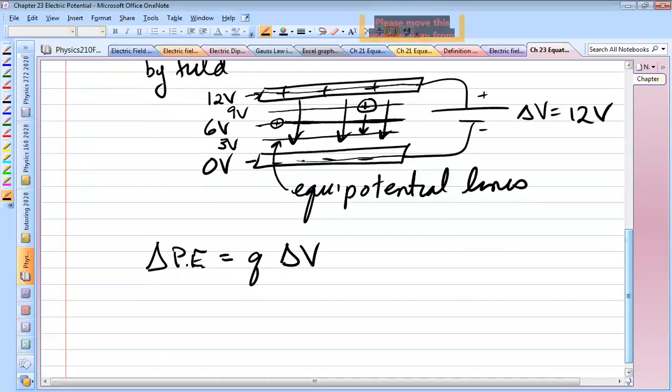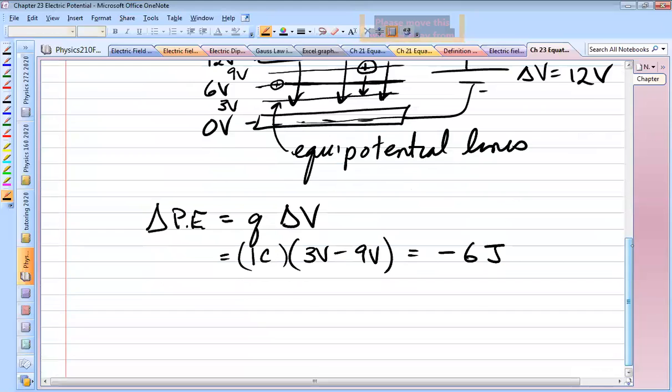And so notice how if you move down, the potential energy goes down and the voltage also goes down. So these are in the same direction. And so say we move the 1 coulomb charge from the 9 volt down to the 3. So you go final minus initial. So this would be negative 6 joules. The object would lose 6 joules of potential energy as it moved down those lines.